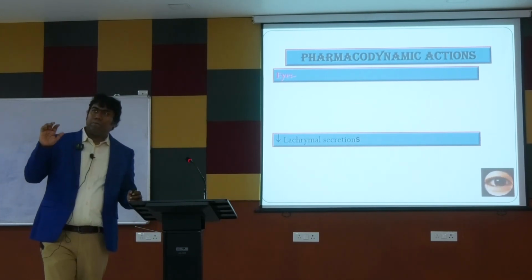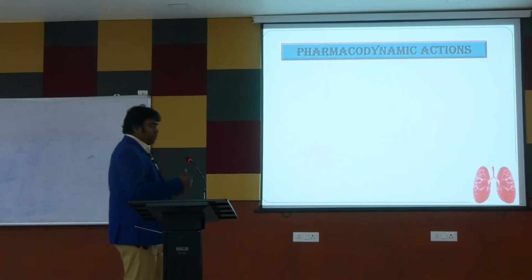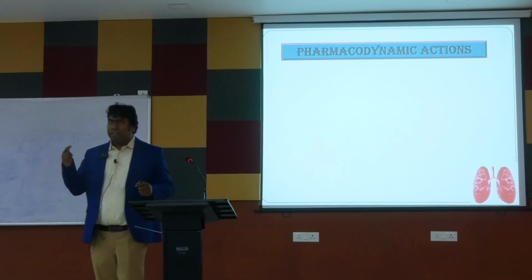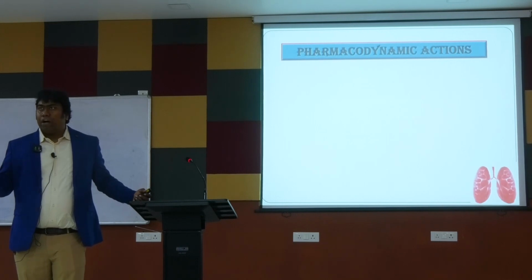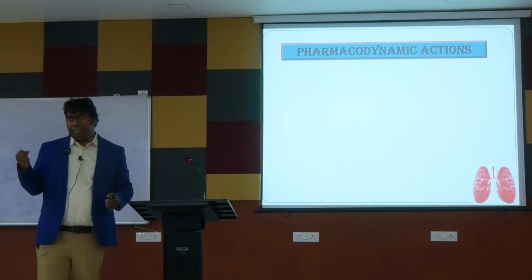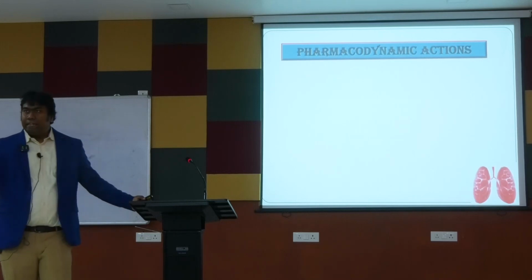So what are the four effects in the eye? First is mydriasis, then cycloplegia, third one is intraocular pressure increase, and fourth one is decreased lacrimal secretion. Four effects of atropine in the eye, four points to write. Mydriasis due to the relaxation of the circular muscle.